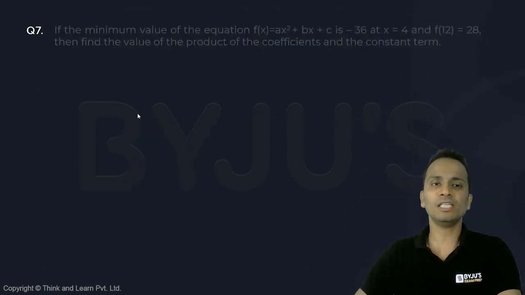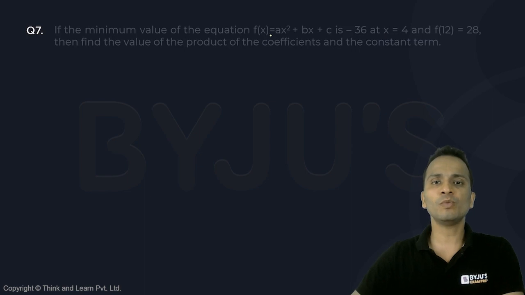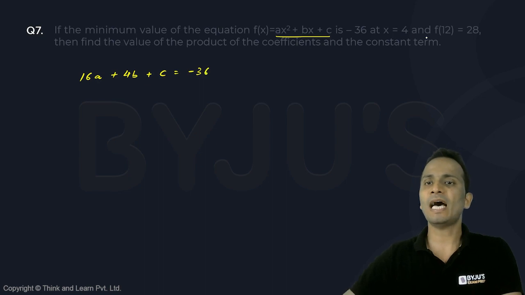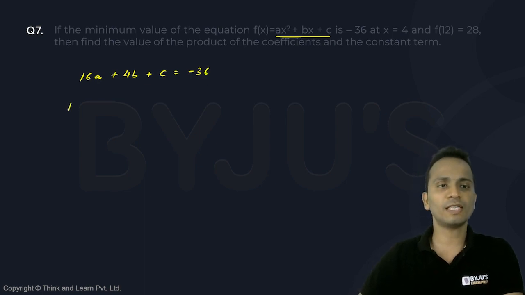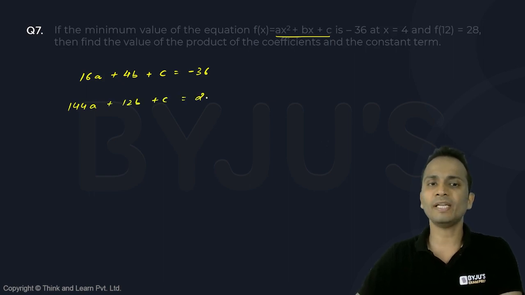So, let's make these two equations. At x equal to 4, substituting here, it will be 16a plus 4b plus c is equal to minus 36, and at x equal to 12, that means 144a plus 12b plus c is equal to 28.